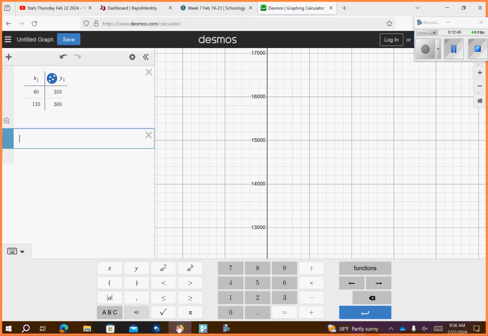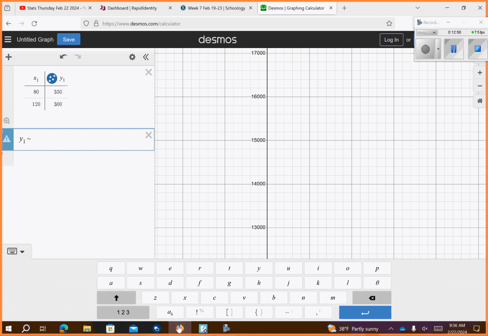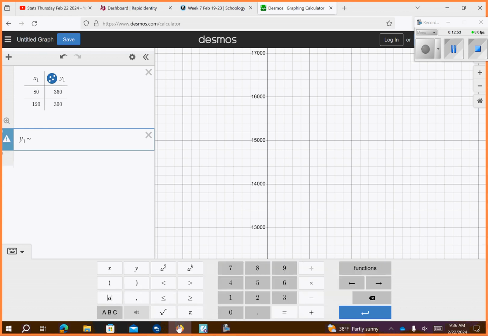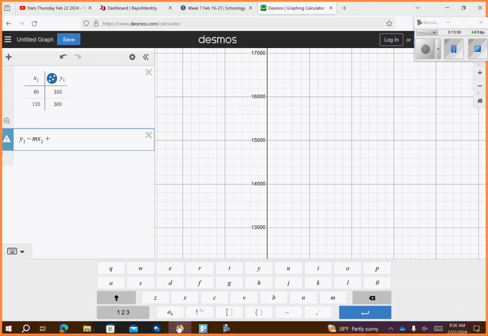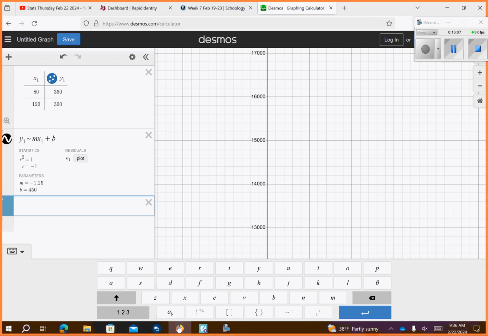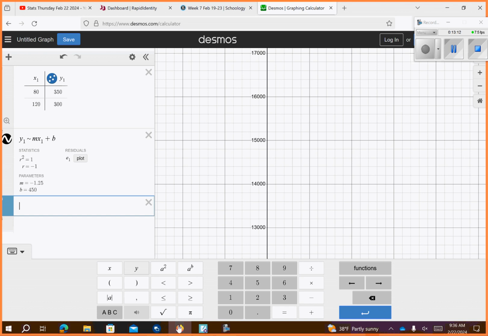Then I'm going to do my little y sub 1 tilde mx1 plus b. All right, so my linear equation is going to be, if I use y equals mx plus b, y equals negative 1.25 x, and then my b value is plus 450.